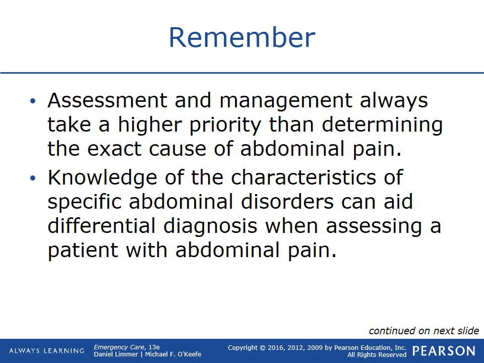Assessment and management always take a higher priority than determining the exact cause of abdominal pain. Knowledge of the characteristics of specific abdominal disorders can aid differential diagnosis when assessing a patient with abdominal pain. Read on page 616, Critical Decision Making, about assessing a patient with abdominal pain.